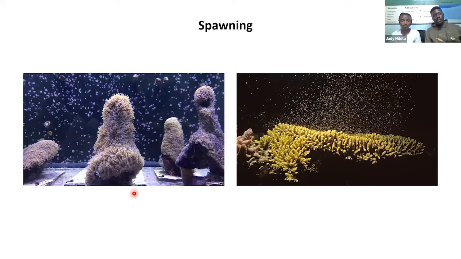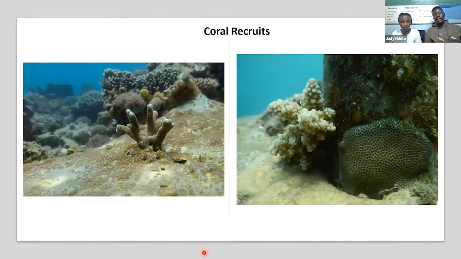And here on the left, we have a picture of corals that are spawning in a controlled environment in an aquarium. And on the right, we have spawning of a colony that's in a more natural environment. The planulae then look for a hard substrate to settle on, where they develop into an individual polyp.